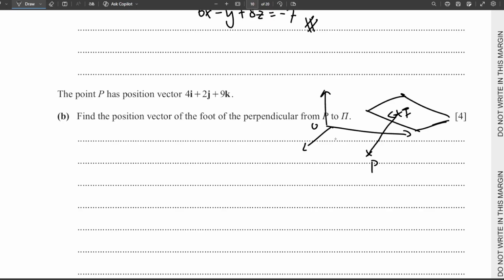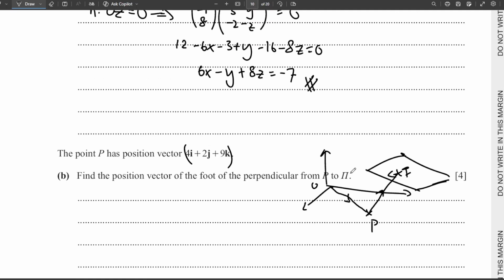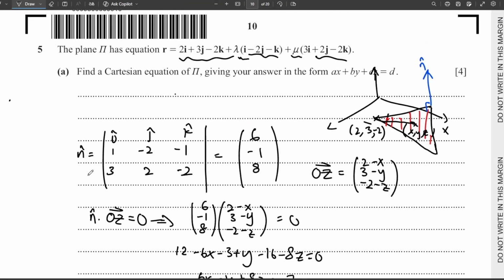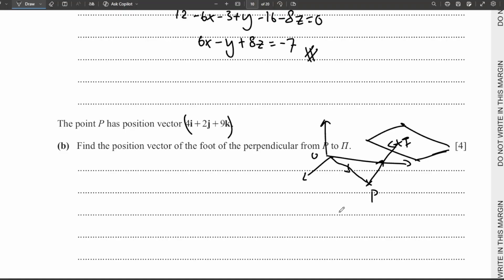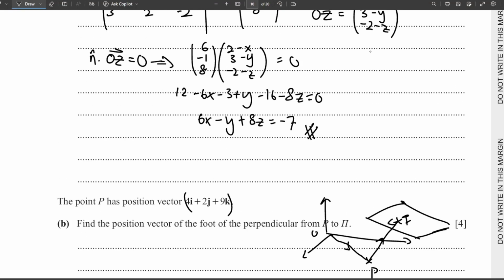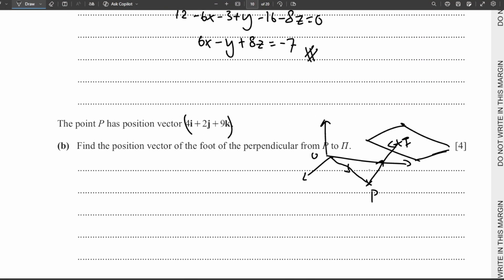First we need the OP vector and then the PF vector. OP we know because we have the position vector of P. But what is PF? It is the normal vector we found here. From P, to get to F we need to use this normal vector, which gets us to the 90 degrees. So OP we know.